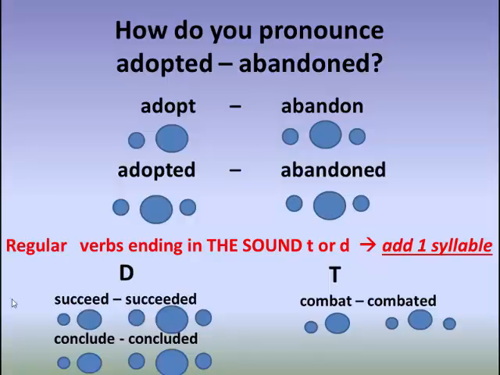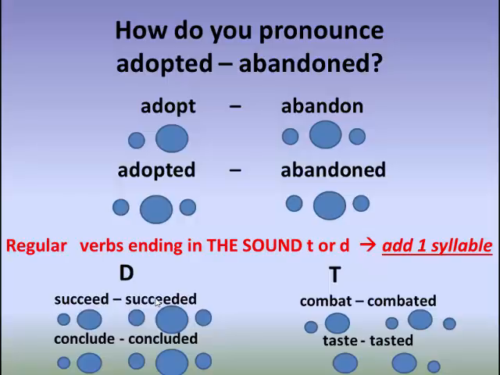And now let's see if the same thing happens with T. This verb is regular and it ends with an E, so no, it doesn't physically end with a T or D. But if you close your eyes and you say it, taste, the last sound is T. So taste, 1 syllable. But the past is tasted.